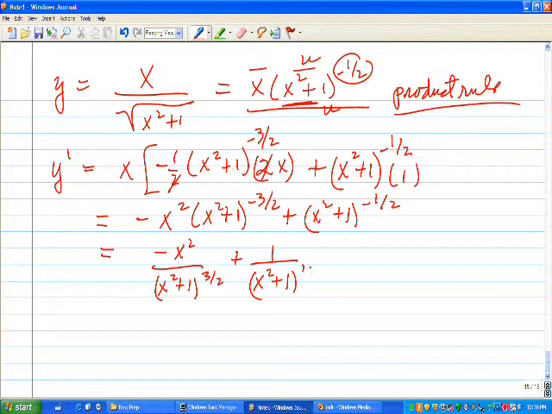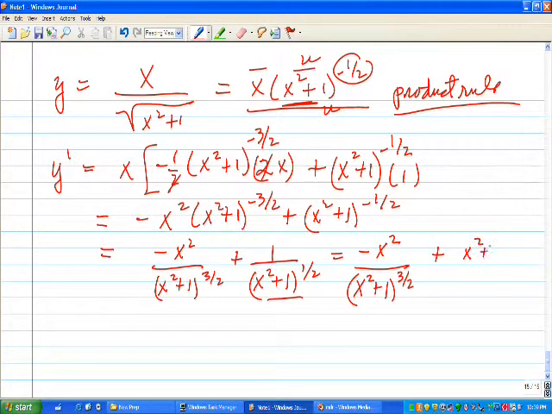If we want to simplify this even further, we write this as minus x squared divided by x squared plus 1 to the 3/2 power. And to have the same denominator, we just multiply the top and the bottom by x squared plus 1.